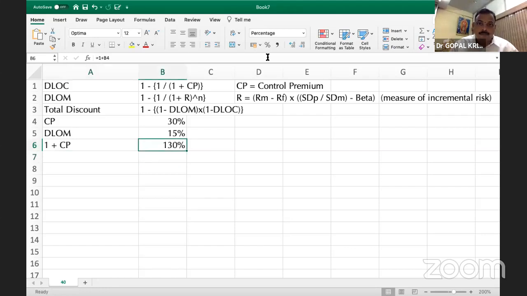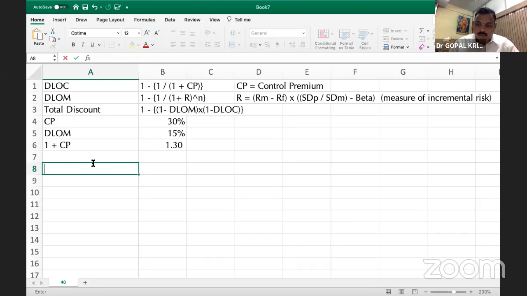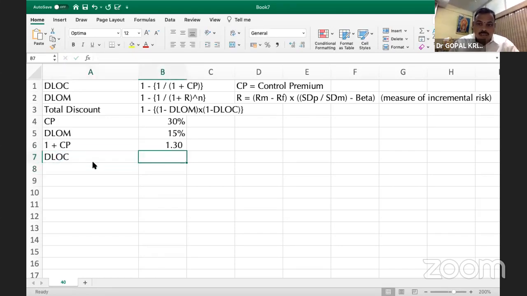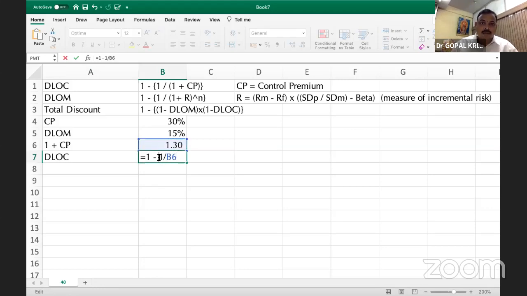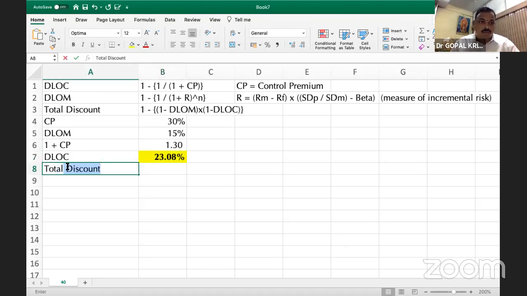And what is DLOC? DLOC is equal to 1 minus 1 divided by 1 plus control premium. So this is your DLOC, 23%, or 23.08. Now what is your total discount?